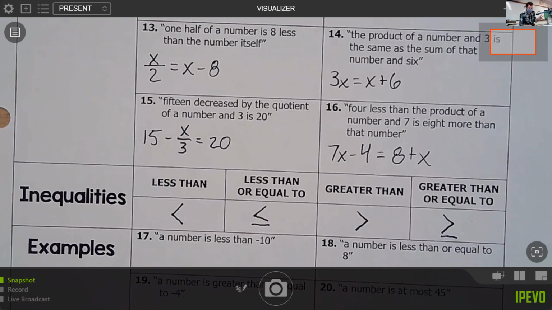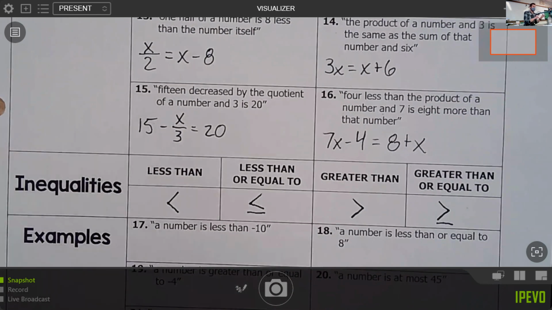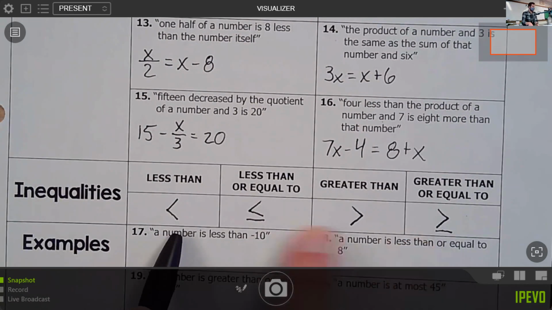Because first of all, you're going to notice here that there are no operations. There's no adding, subtracting, multiplying, dividing, turnaround phrases, anything like that. It's just comparing a variable to a number. And all the words in between are going to give you one of these symbols.